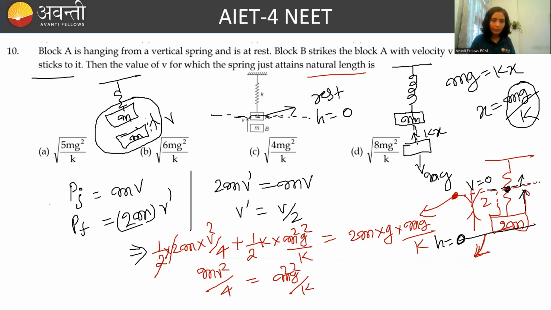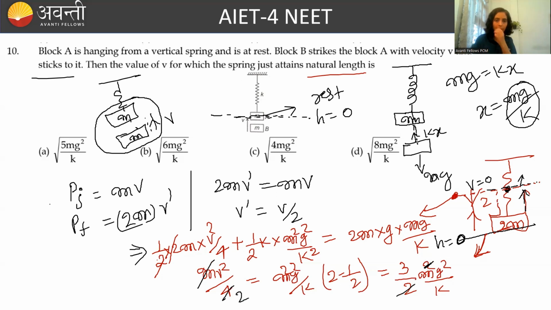ठीक है, half k x square, ये k square था. ठीक है, अगर कॉमन लोगे तो क्या मिलेगा यहाँ? 2 minus half. So this will become 3 by 2. ठीक है, this is becoming how much? 3 by 2. तो इसको यहाँ पे लिख लो 3 by 2 m square g square by k. अगर अब आप सॉल्व करोगे, what values you are going to get? देखो यहाँ से एक m कैंसिल होगा. ठीक है, and this is 2 times जाएगा और मल्टीप्लाई करोगे 6 हो जाएगा.